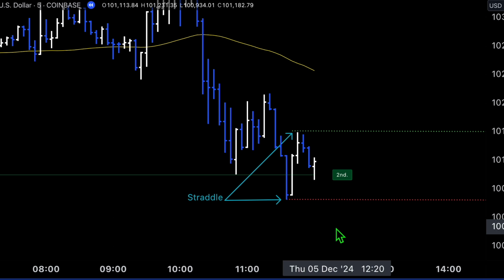Okay. Where do you put your stop? I have to put my stop one, two, or three ticks above this level. Okay. This becomes very important, as you're about to see.